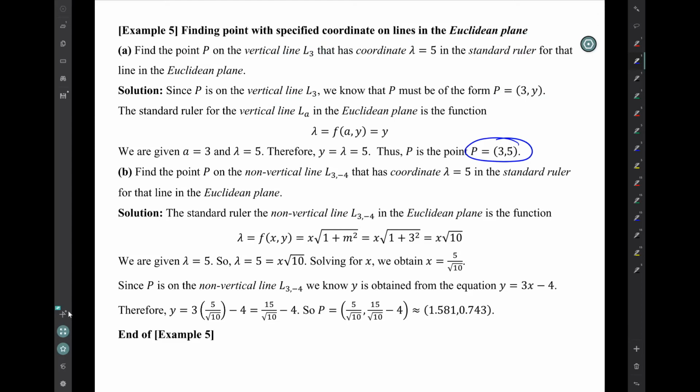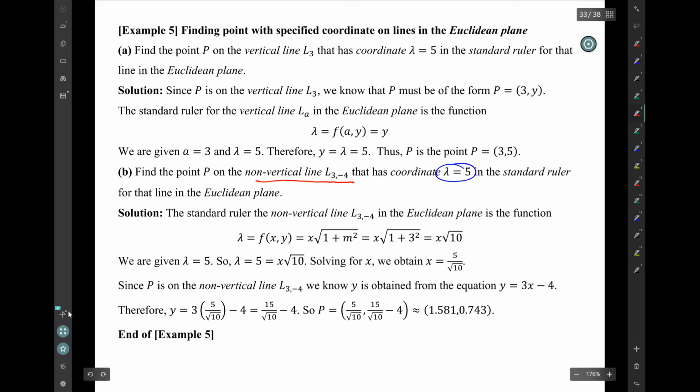Question B. Find the point P on the non-vertical line y = 3x - 4. So that's a line that has slope 3 and y-intercept -4. Find the point on that line that has a coordinate lambda equals 5 in the standard ruler for that line, for that non-vertical line.